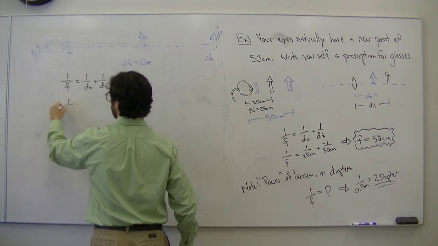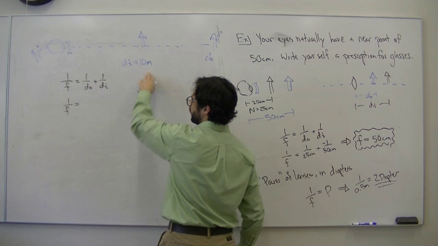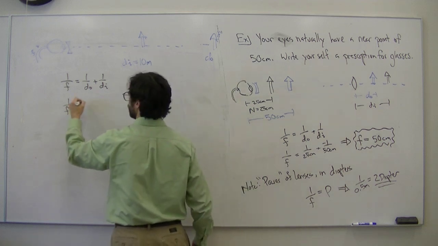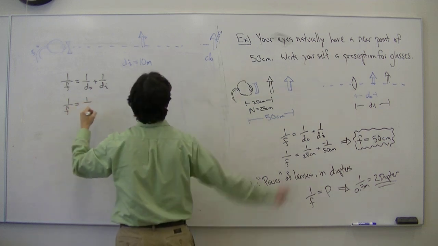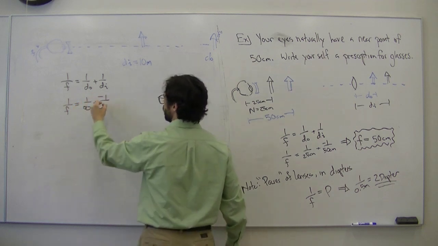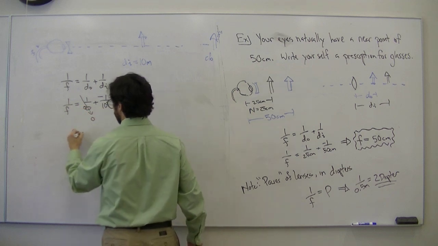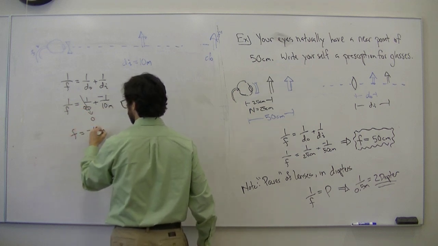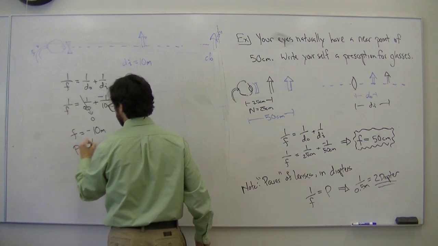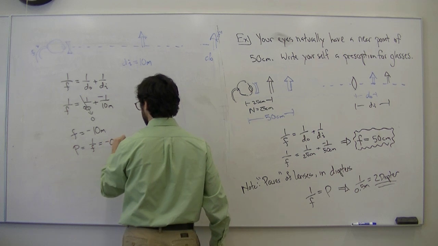So 1 over f. For me, I can't really focus on anything farther than 10 meters. I want to take something at infinity and place a virtual image, so negative, at 10 meters. 1 over infinity is 0. F is minus 10 meters, or the power of the lens, 1 over f, is minus 0.1 diopters.